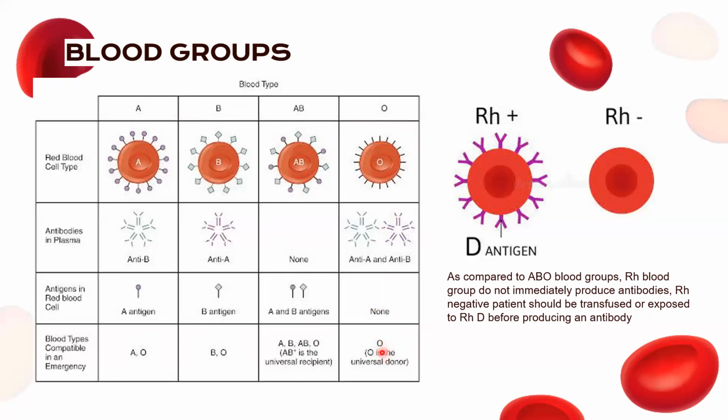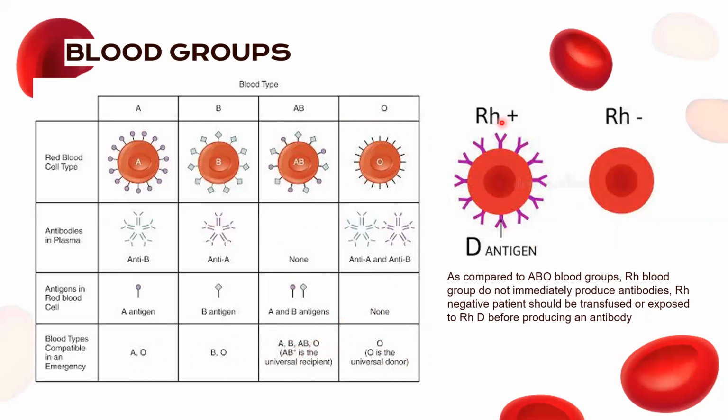So that means O is your universal donor; we could give O to all blood types. AB is the universal recipient, because we could give the different blood types to type AB: A, B, AB, and O.